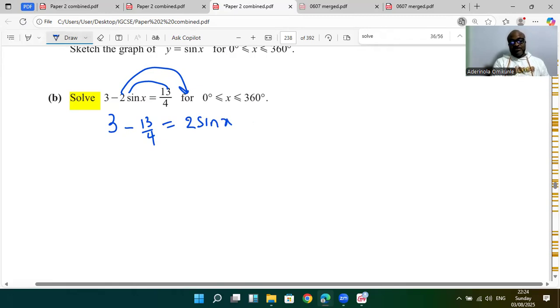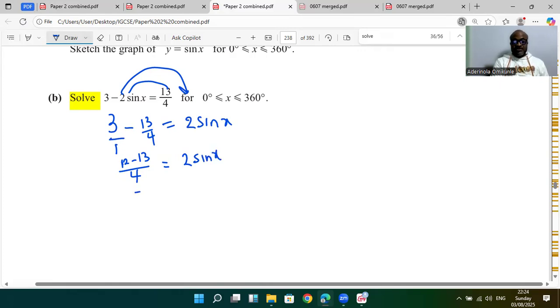So this can quickly be done with a calculator, or we may not even use a calculator. So let's do it without a calculator. Let's just do our usual, and that gives us 12 minus 13 over 4, which is equal to 2 sine x.